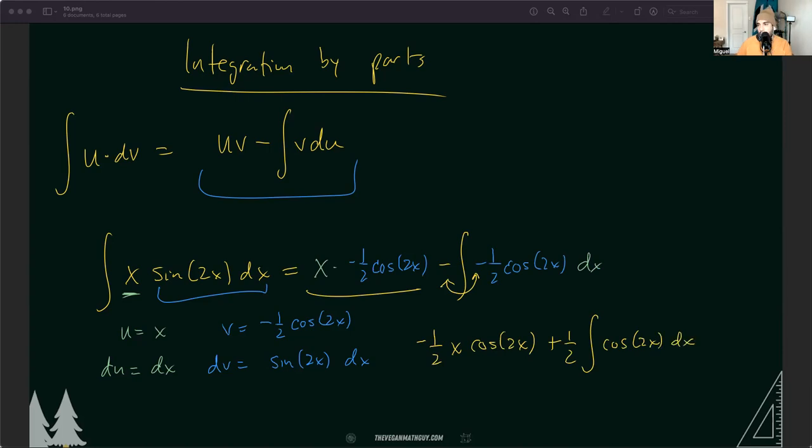The thing about integration by parts is that, yes, it looks a little complicated, but this is the only way that we can solve this. So we're just going to have to integrate that last part, and that's still pretty simple. Plus 1/2, and now this is going to become sine of 2x over 2. And now we have the plus c. Let's go ahead and create some space here on the blackboard.